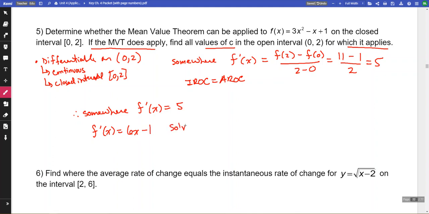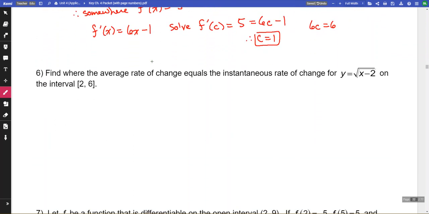So we need to solve for some value c to be equal to 5, which means 6 times c minus 1 needs to equal 5. So therefore, c has to be equal to 1, and that's because 6c would need to be equal to 6. All right, now, if you use an x instead of a c, generally that is okay, but it technically does say find all values of c.